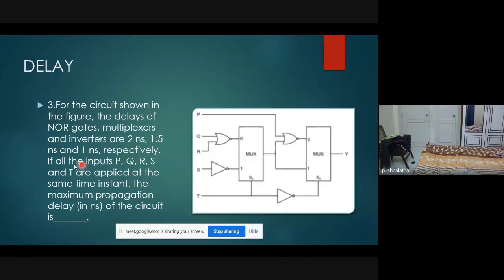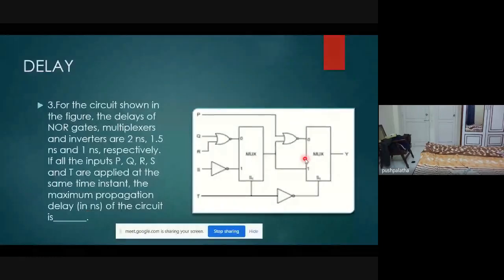If all the inputs P, Q, R, S and T are applied at the same time instant, the maximum propagation delay in nanosecond of the circuit is dash. Okay, this is your circuit.